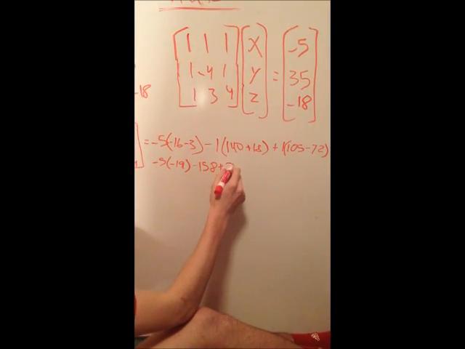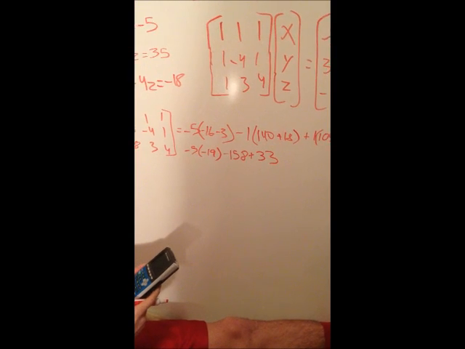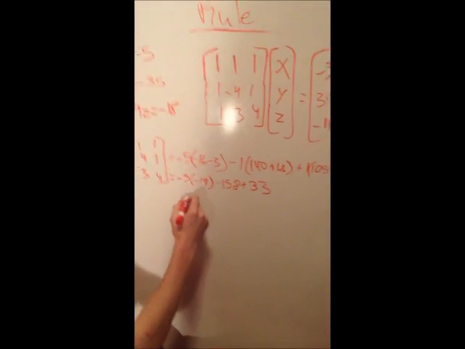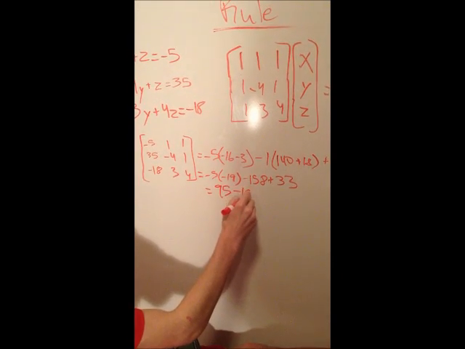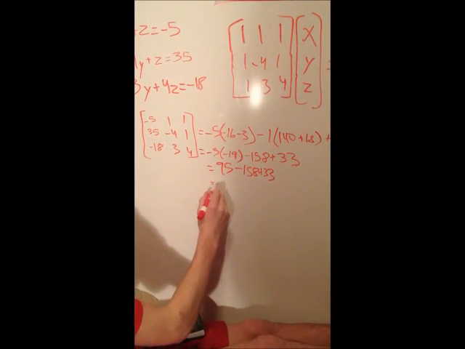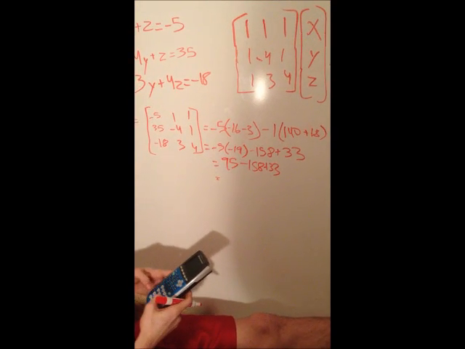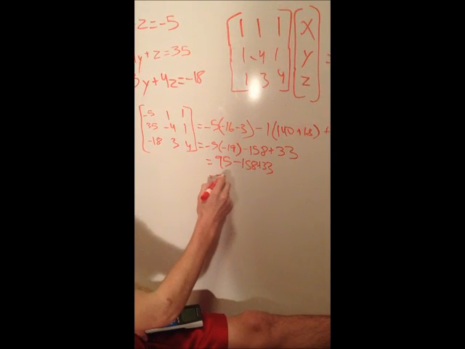So it's going to be plus 33. So when I use my handy dandy calculator, I get that 95 minus 158 plus 33 equals -30.